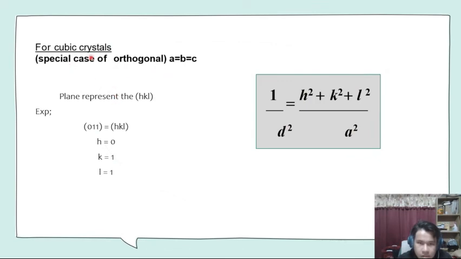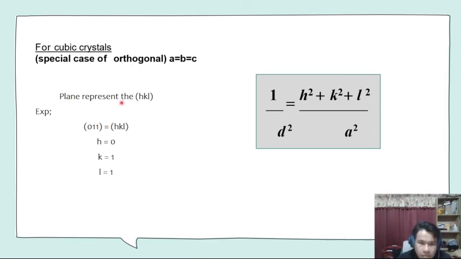Next, we will see the special case for a cubic crystal. In the special case of cubic, a is equal to b and is equal to c. So we can summarize the formula given from the spacing formula, where a, b, c all equal a.